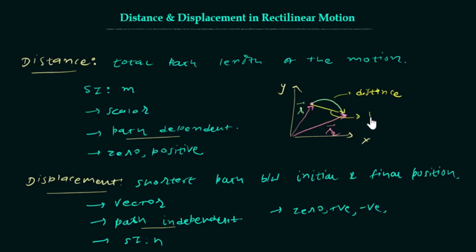This represents displacement. The shortest path is displacement. If I change the path, the initial and final points remain the same, so displacement will be independent of the path, but distance will depend on the other path. So distance is a path dependent quantity and displacement is a path independent quantity.